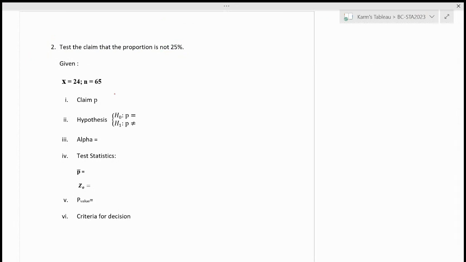What is the claim? P is not equal to 0.25.